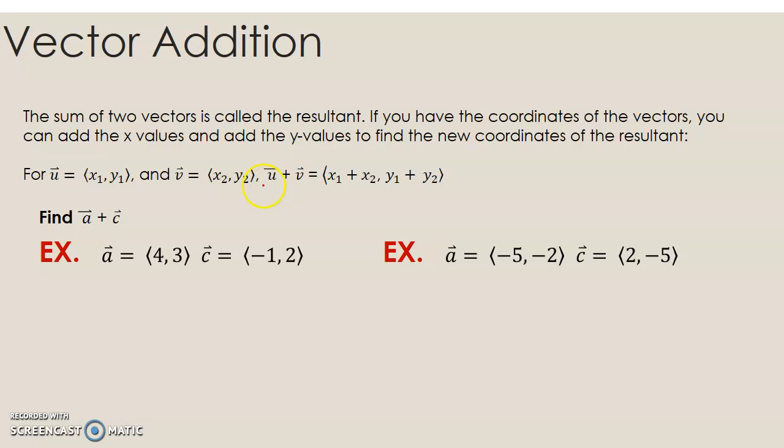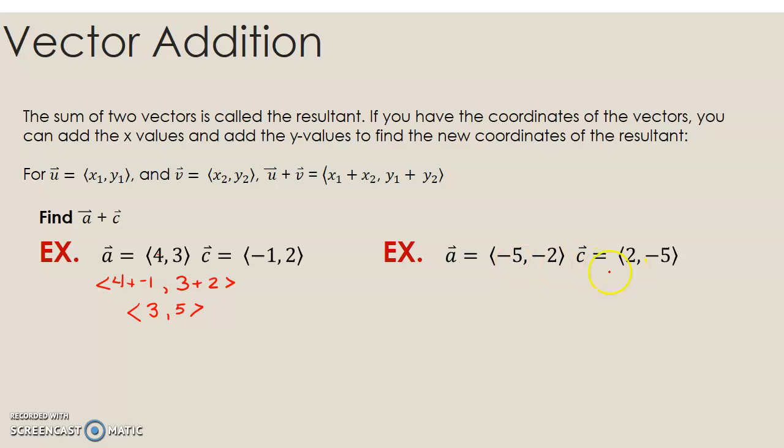Now, if you have the coordinates of the vectors, to get a sum of them, you can simply add them up. 4 plus a negative 1, and then 3 plus 2, which would give you 3, 5. That's going to be your addition.